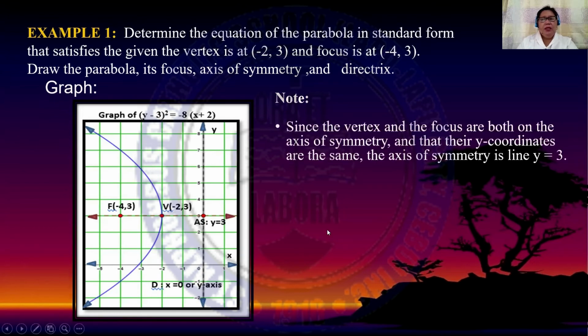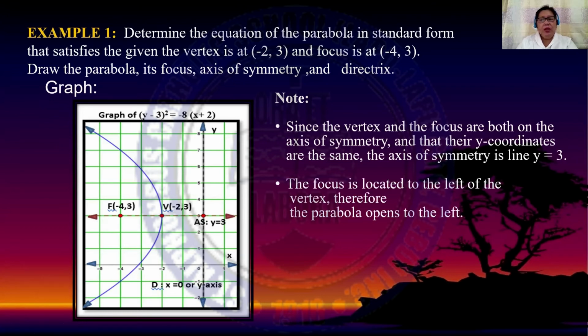Take note, since the vertex and the focus are both on the axis of symmetry and their y coordinates are the same, the axis of symmetry is the line y equals 3. The focus is located to the left of the vertex, therefore, the parabola opens to the left.